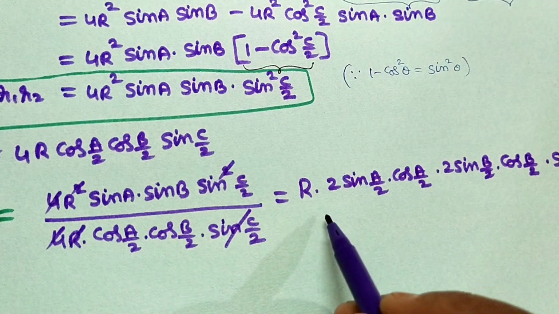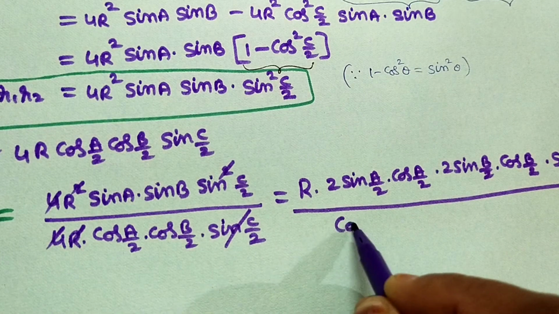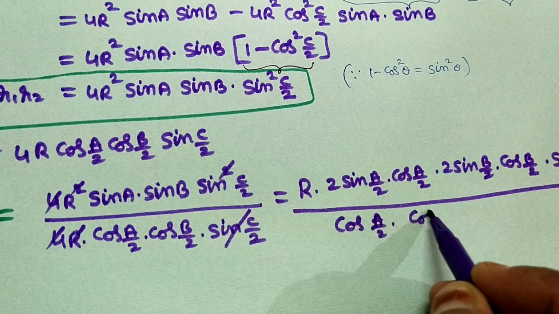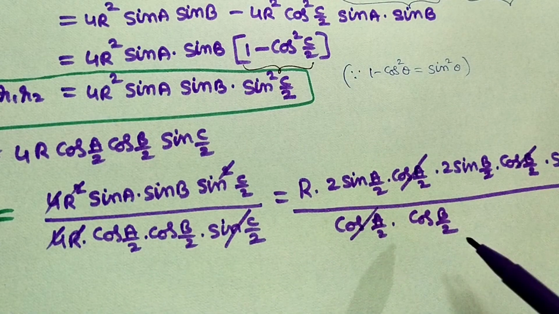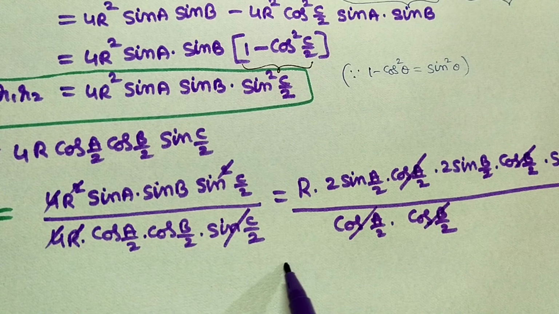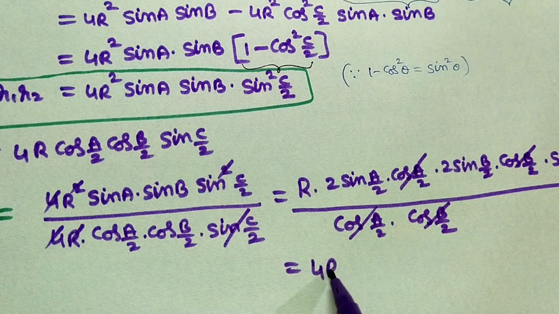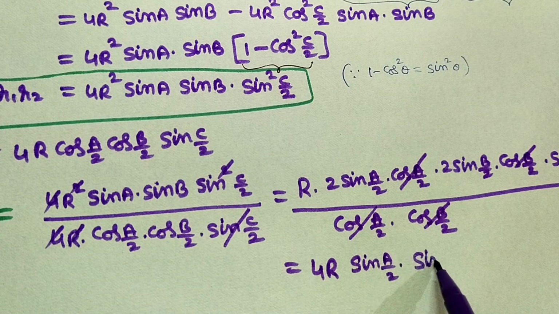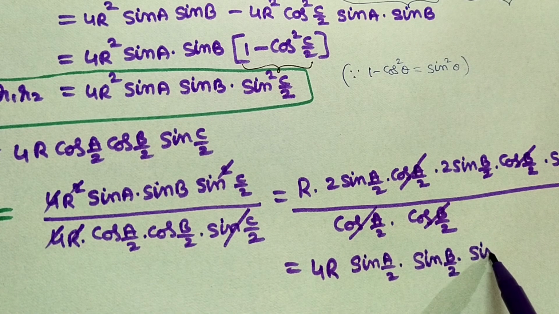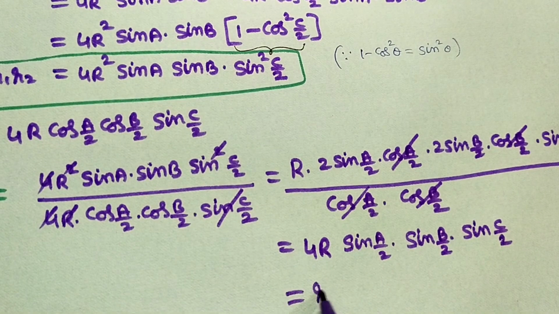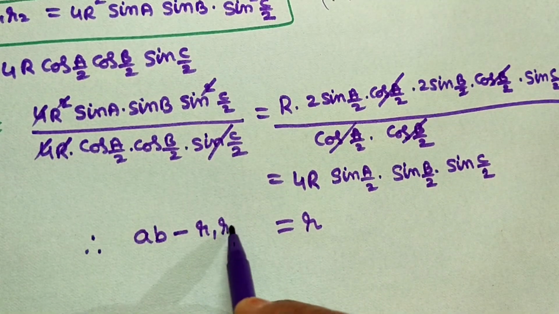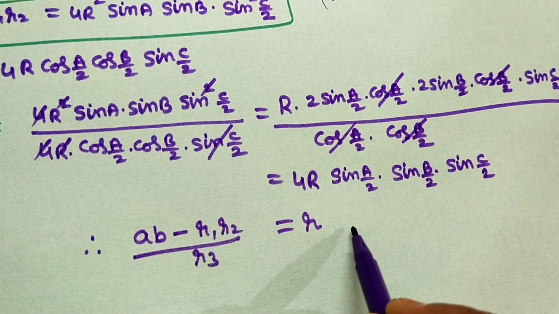Total divided by cos A by 2 cos B by 2. So here cos A by 2 and cos B by 2 get cancelled. We will get 2 2s are 4, 4 into R, remaining sin A by 2 sin B by 2 sin C by 2. 4R into sin A by 2 sin B by 2 sin C by 2 means what? Small r. Therefore AB minus R1 R2 divided by R3 equal to r.